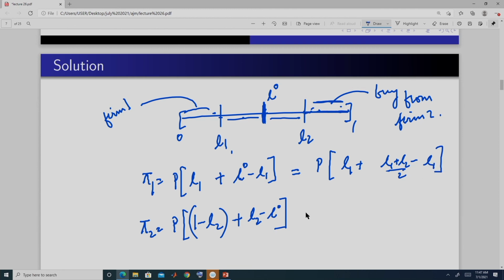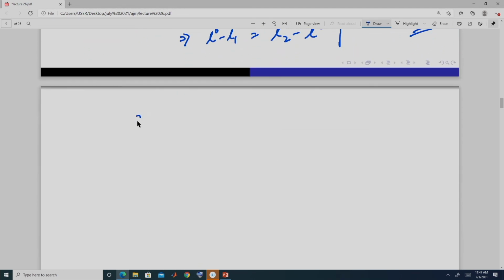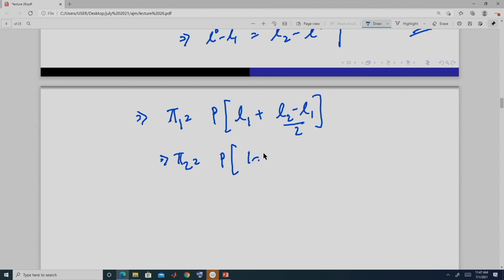and the profit of firm 2 is this. So, we can say that the profit of firm 1 is, and the profit of firm 2 is this.